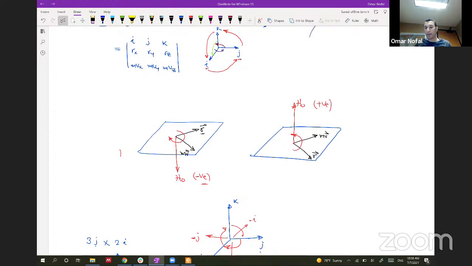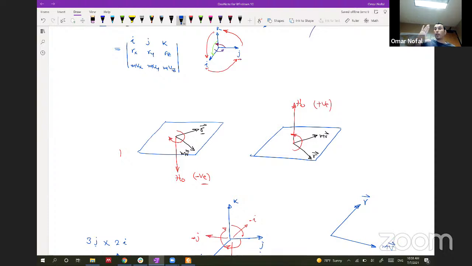And actually, you can use a different approach. Let's assume that this is I, J, K. If you have I and multiply it by J, you are moving your finger, so for K, the multiplication will be in this way. Let's assume that we are multiplying this R vector and this MV vector.